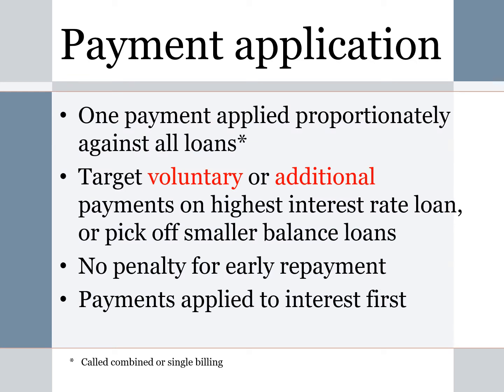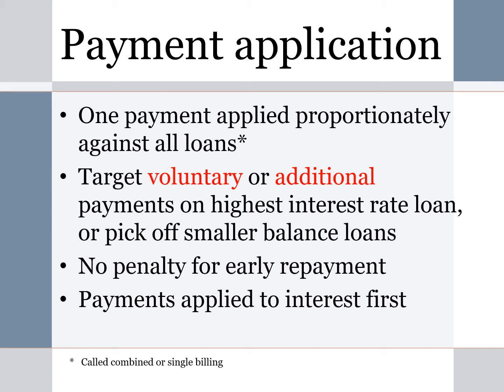Now, in terms of payment application, very important. Remember we said that for many of you, and probably most of you, all of your direct loans will be serviced by the same loan servicer. And regardless of which repayment plan you choose, you'll make one payment. It's called combined or single billing. The payment is applied proportionately a little bit against each loan that your loan servicer services for you. It's not an even split.